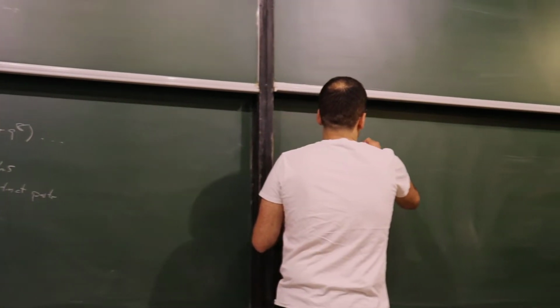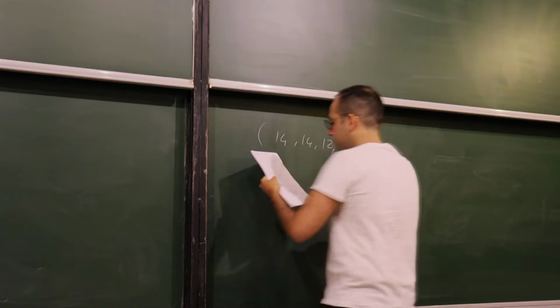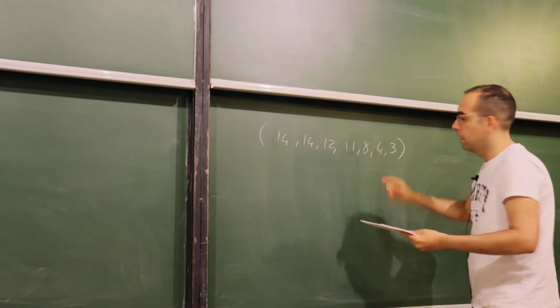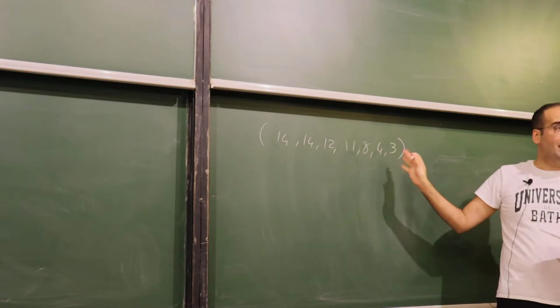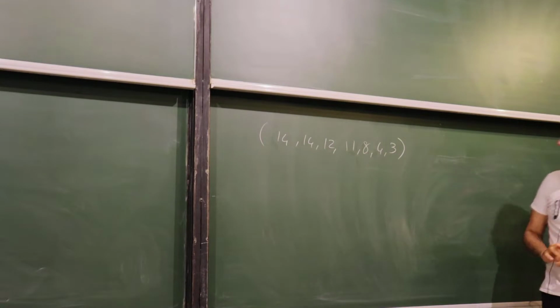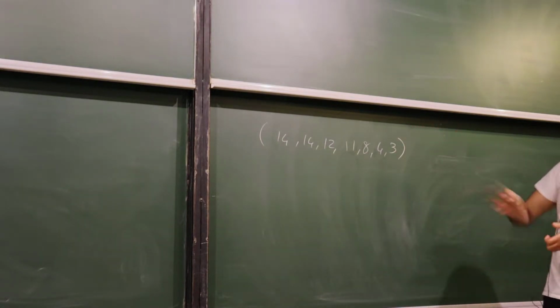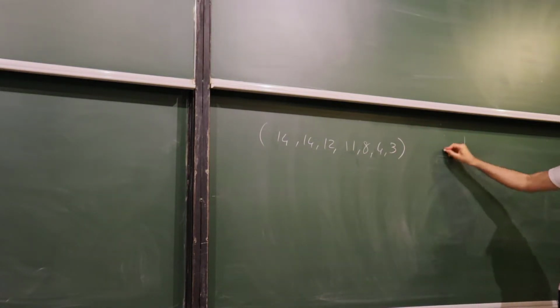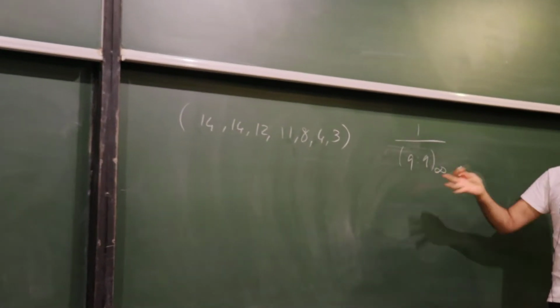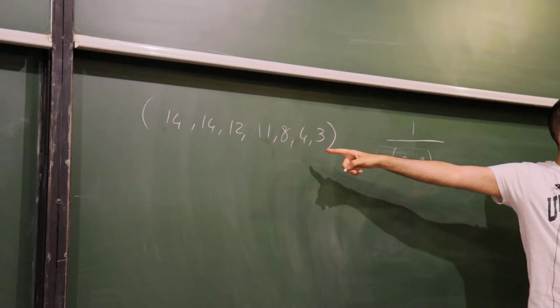So 14, 14, 12, 11, 8, 4, 3. You can tell I'm not excited to draw the Ferrers diagram of this, which I will. So we have this partition. We know this is generated by this generating function. So among the combinations of things, one of them is generating this guy.